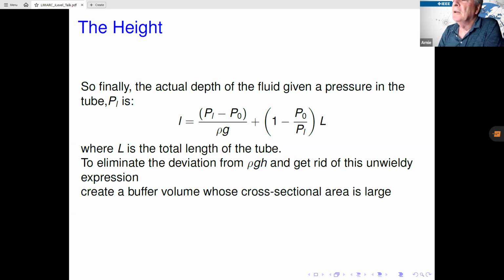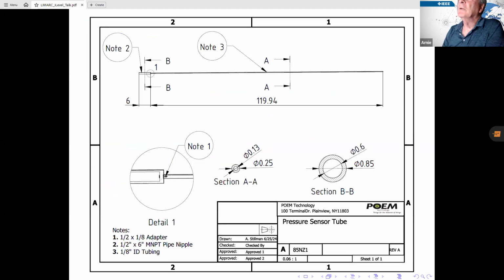The change in height would be very, very small for a large area. So again, what we're doing is we're compressing a volume. In order to make the error in the height very small, you make the area of the volume very big. So this is what we did.